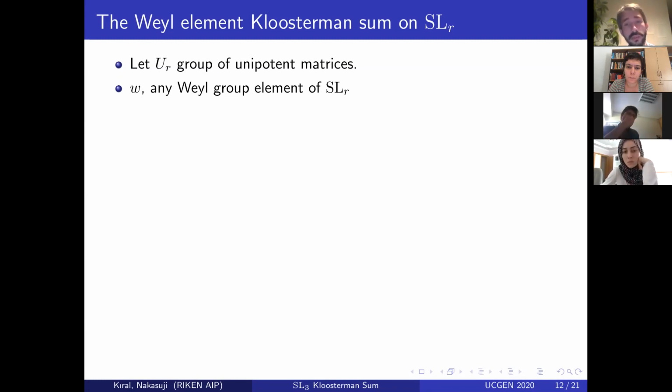In SL2, it was permutation on 2 letters, so you only had the identity or the transposition. But in SL3, you will have 6 elements. So you'll have 6 Kloosterman sums. Some of them will be trivial. The identity element will.